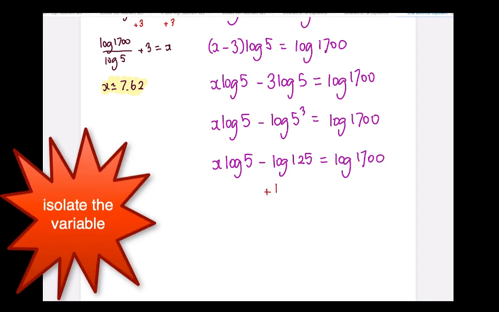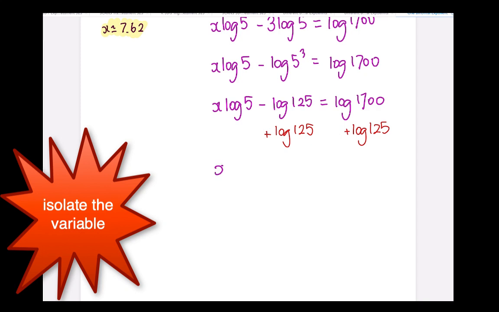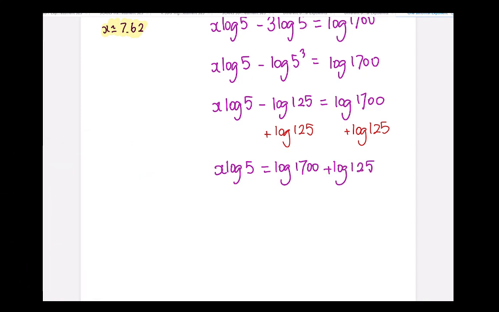Next step, we're going to add log 125 to both sides, and we're going to see that we have x log 5 equals log 1700 plus log 125.